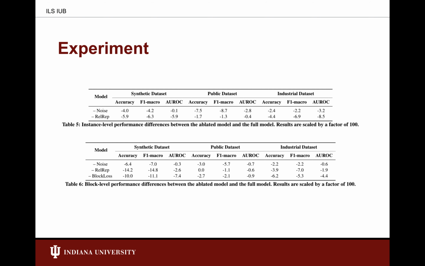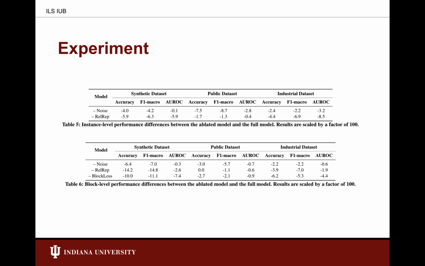Moreover, we make an ablation study to check whether each component of our model is useful or not. If we remove the noise from the instance generator, we can see that the performance is decreased a little bit. But if we remove the relative representation module in the model for the instance embedding generation, we can see that the decrease will be huge.